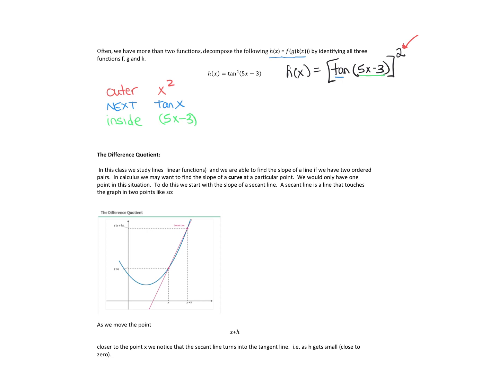So, if I want to label these, h of x is f of g of k of x, where k is the innermost function. k of x is going to be 5x minus 3. The next one, g of x, is tan x. And then the outermost function is going to be x squared, and that is our f of x.